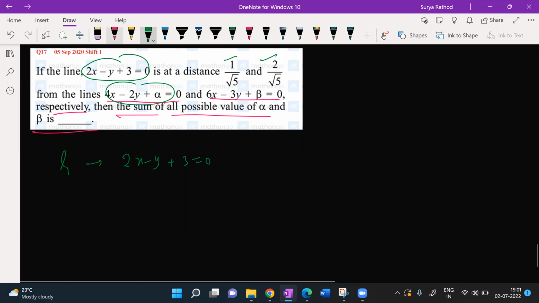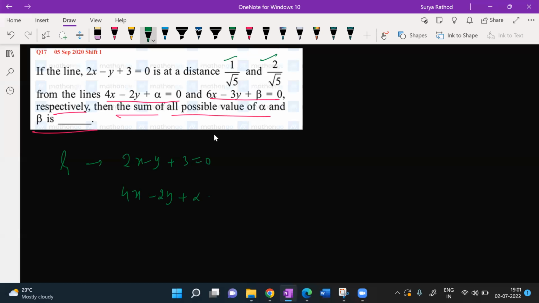Here he has given one more line, 4x minus 2y plus alpha is equal to 0. Correct. So can I write this as, can I take 2 common, to make these two equal? 2x minus y, I mean, can I divide it by 2?